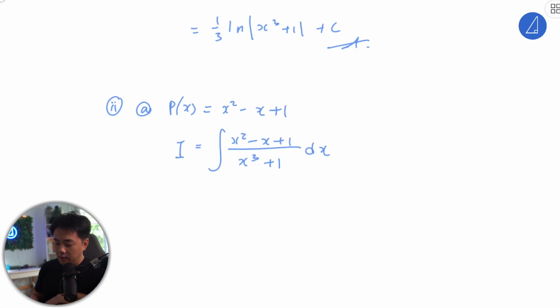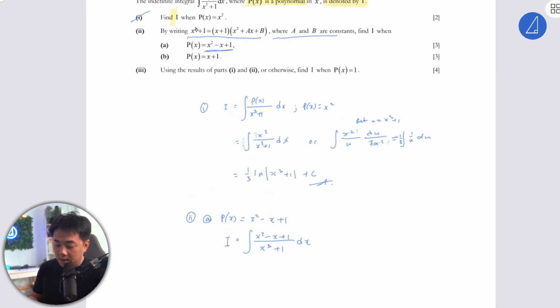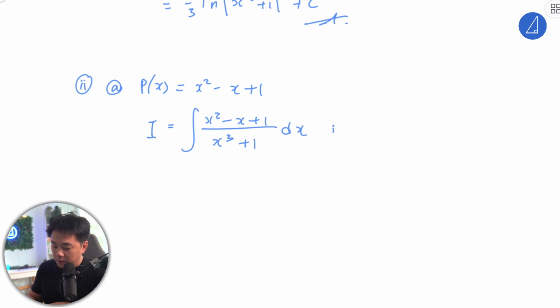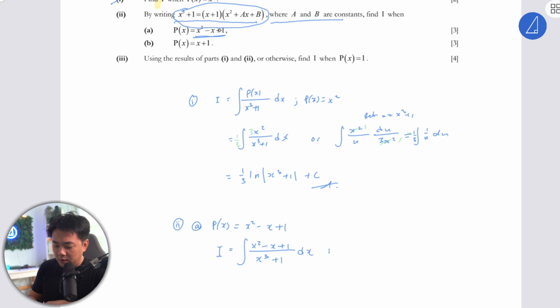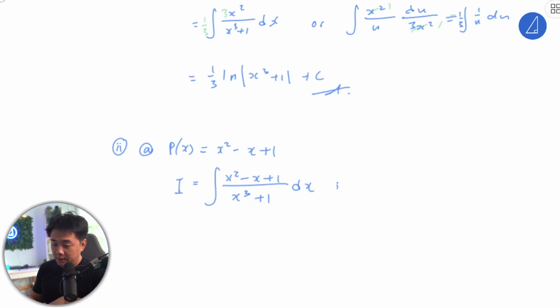So the numerator becomes this, and the denominator, what it says is to put it in fraction form. So very likely you have to use partial fractions to find the integral. You could do a long division, or you can just compare coefficients. So I'm just gonna compare coefficients.